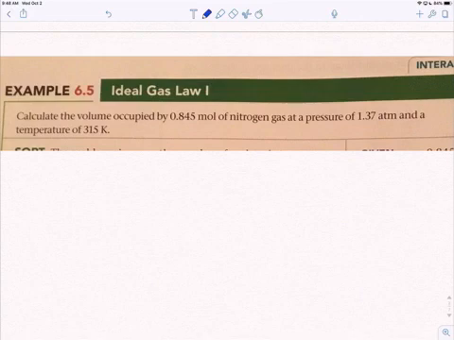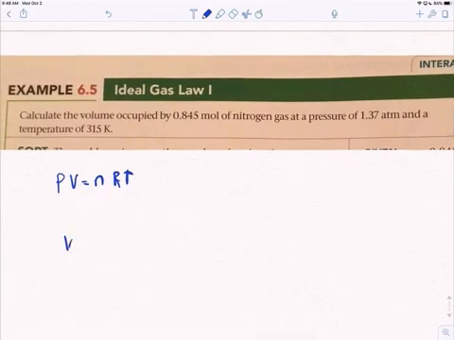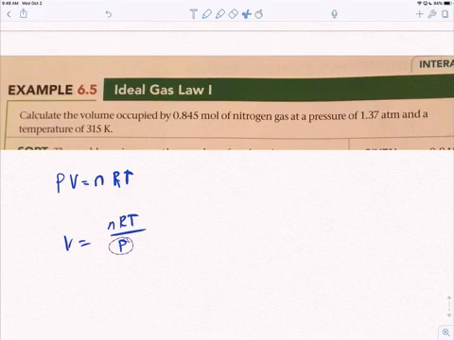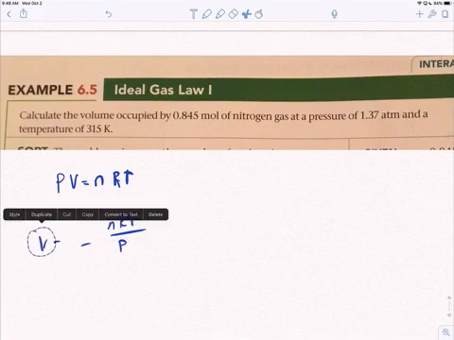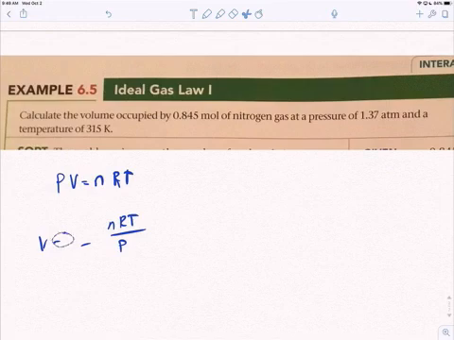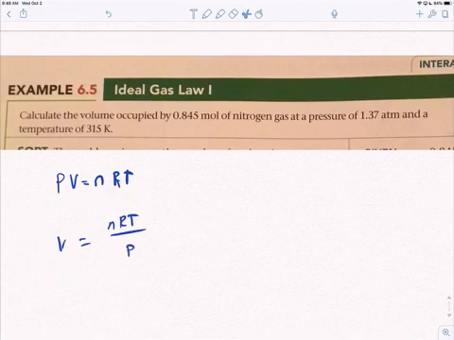Okay, so use the ideal gas law, PV equals nRT. And we are looking for the volume. So we solve for volume. So volume equals nRT over P. So PV equals nRT, and I'm just moving P down there like that.